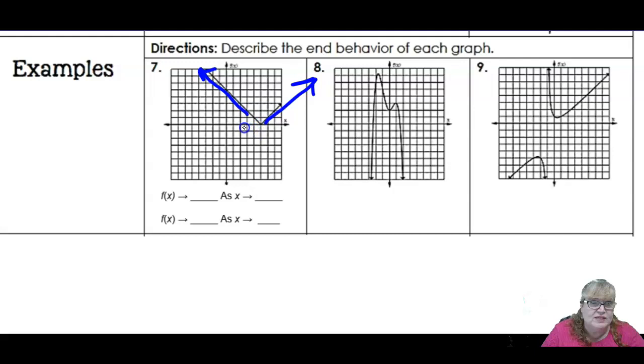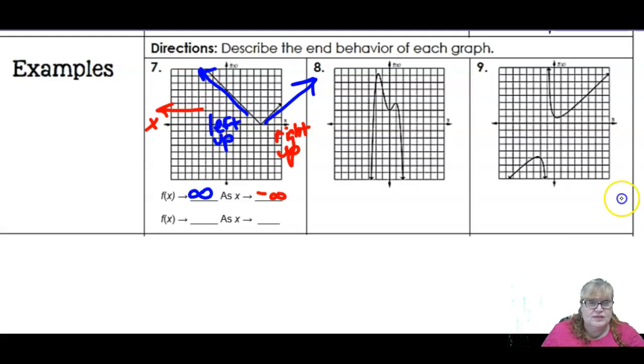So this time we say the left is up and the right side of the graph is up. To say left, we say x is going towards negative infinity, the x-axis off to the left. And when it goes off to the left, the graph of the function goes up, so we say y is getting bigger.